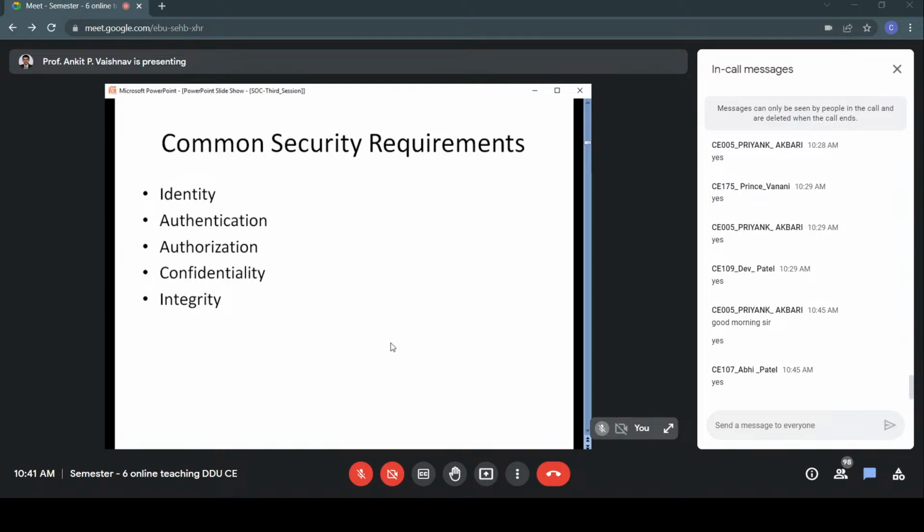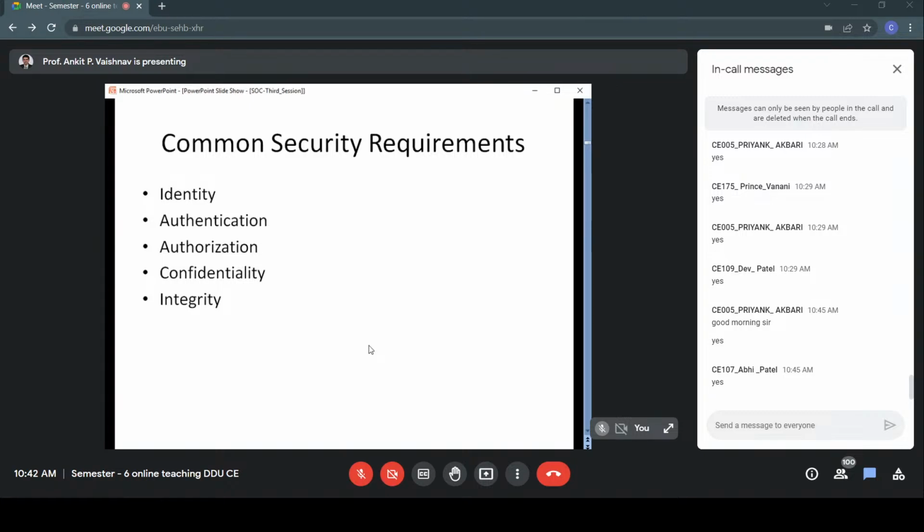Then comes authentication. So the provider service has to identify whether the requester is a valid requester or not, right? That can be identified using, again, a few SOAP headers. We will see what that SOAP header is called. Then third is authorization.